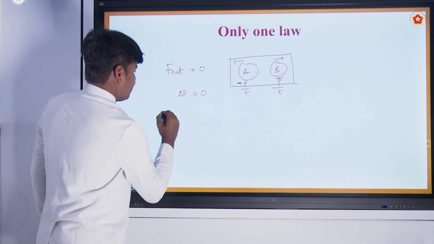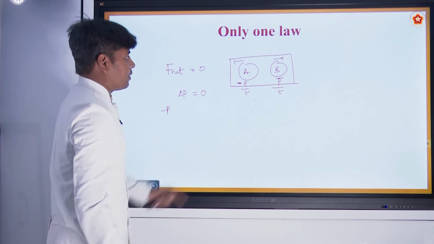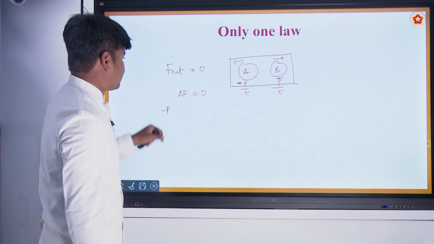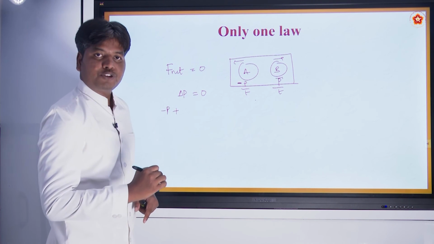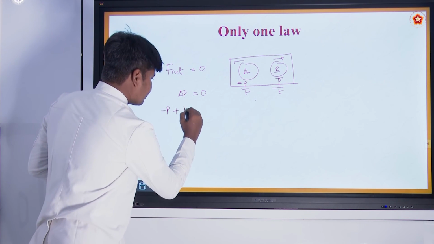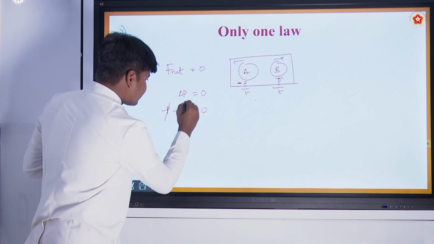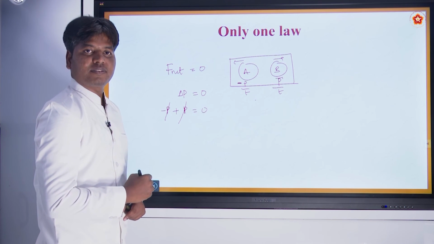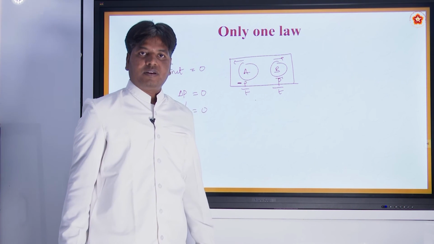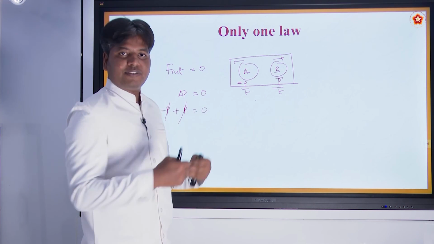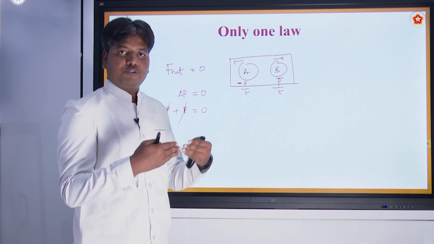If the momentum of A is minus P, the momentum of B should be plus P, so that it cancels out. So they might have interacted with each other with some force during some time.